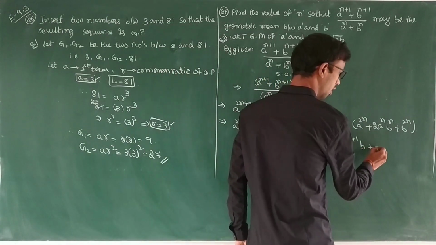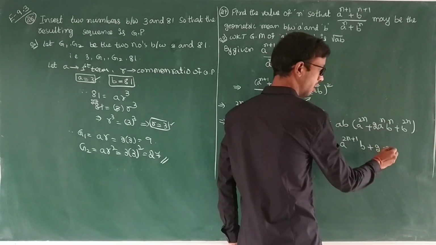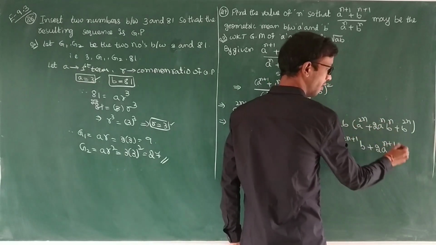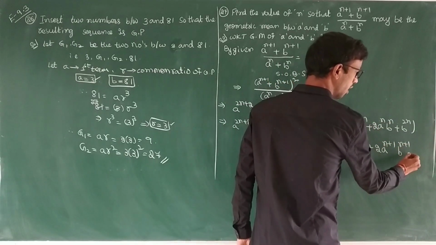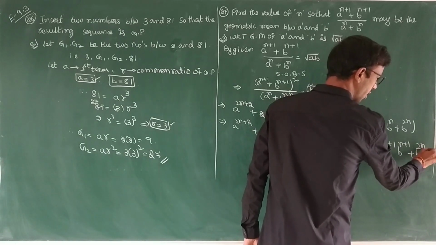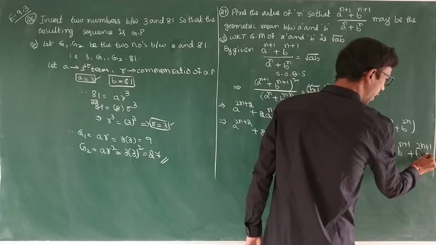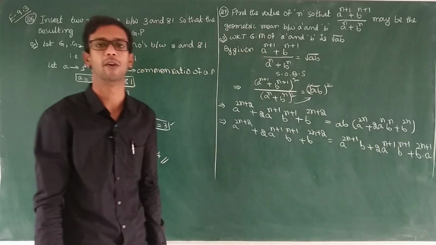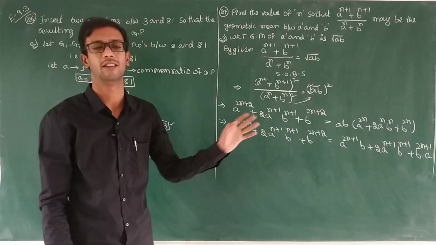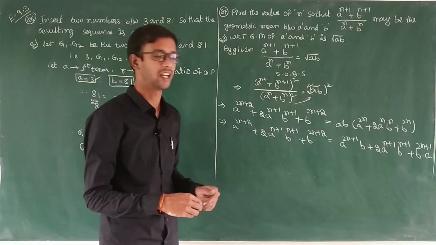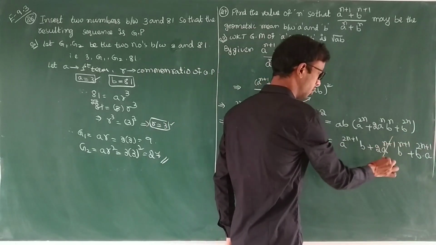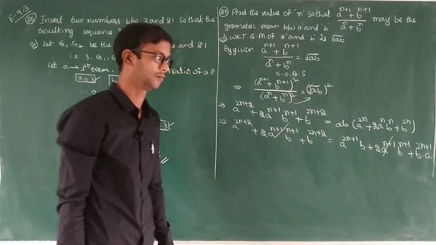Next here, 2a power n plus 1 b power n plus 1, plus b power 2n plus 1 into a into b power 2n plus 1. Just the bases are equal, powers should be added, using that. Here you observe this one, both cancel.